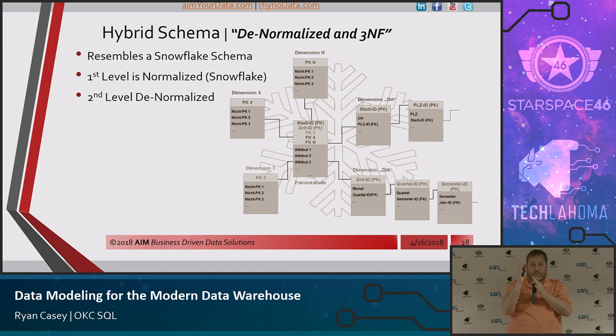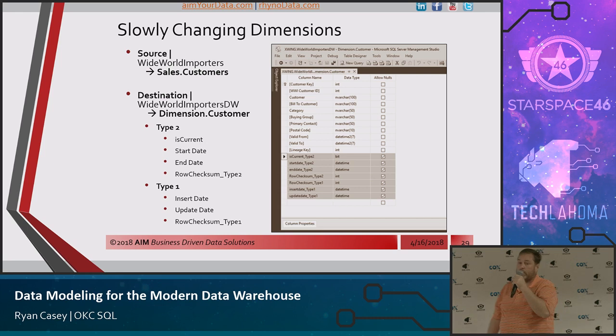Everything else is a true star schema. See what I'm saying? Just because you make a snowflake, not everything in that dimension had to be snowflaked. So that becomes a hybrid. If you have a dimension where everything's in a star schema, but only a few attributes go into the snowflake, that's a hybrid.